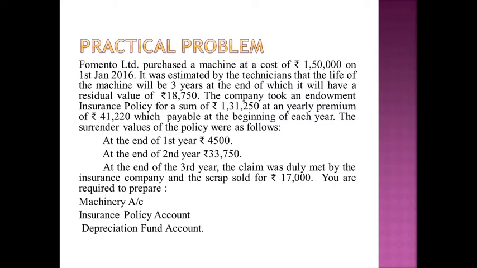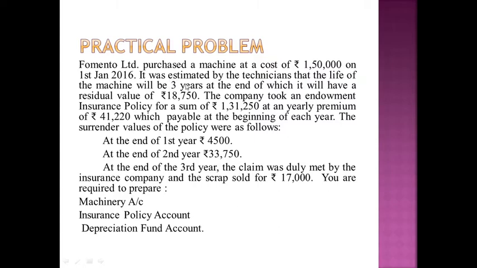This machine has a residual value of rupees 18,750. The company took an endowment policy for a sum of rupees 1,31,250. Now, you have to observe the cost of the asset and the residual value of the asset.